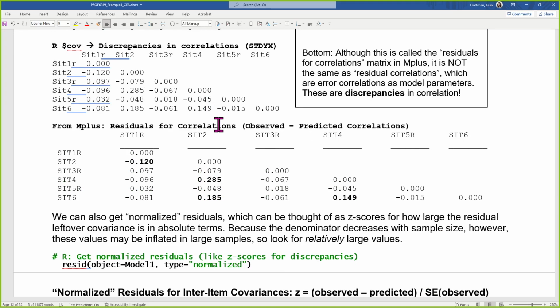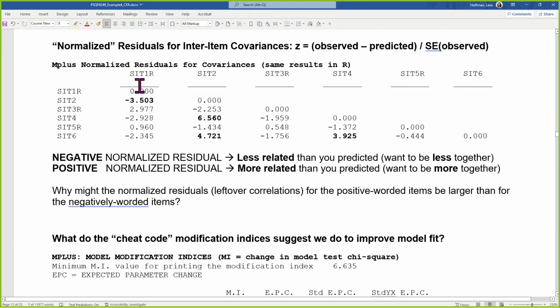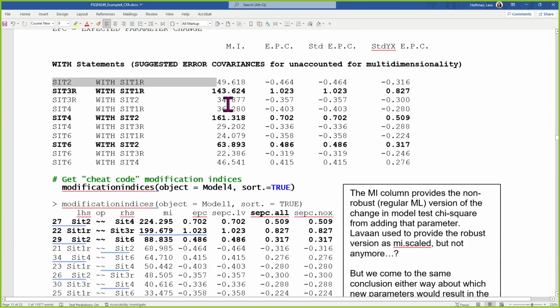I would have chosen different ones. This is where it's confusing. So I'm trying to think about these as discrepancies and avoid the word residual, because these extra relationships that it's suggesting are residual covariances. So the way that you would read this table is MI is by how much would your chi-square go down if you put this in your model.